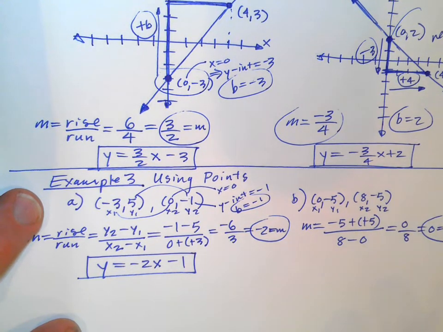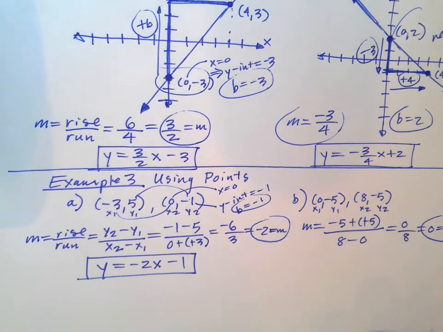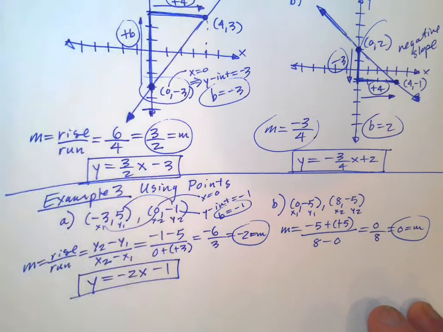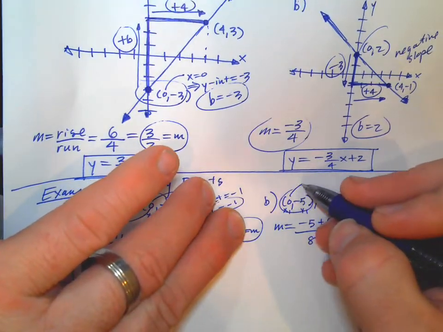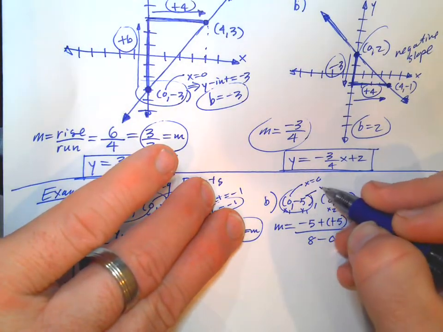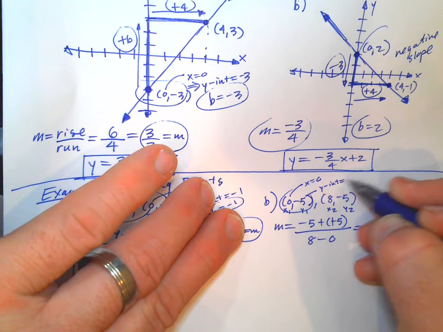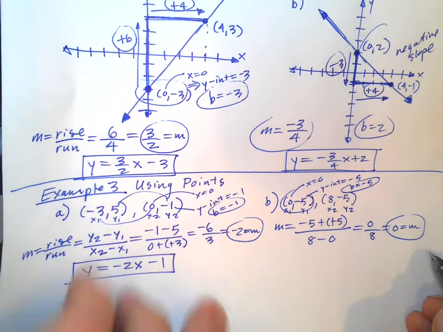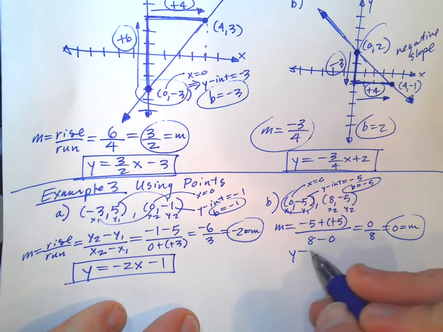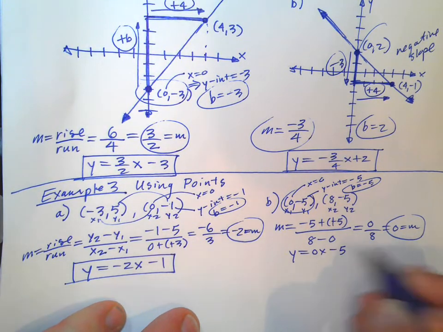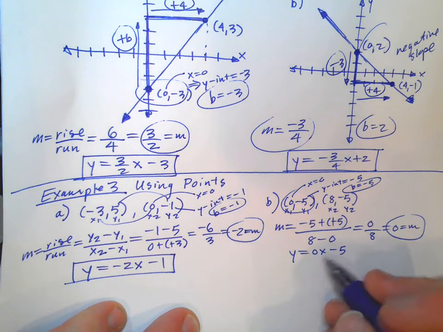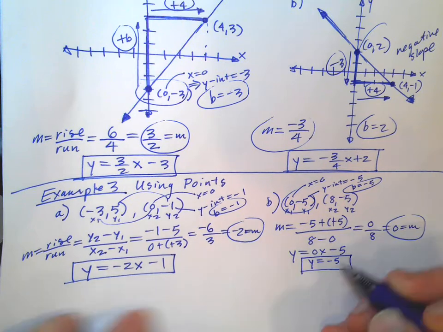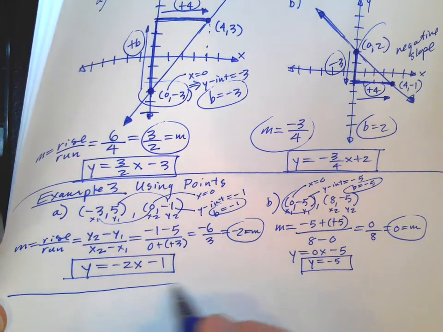So the slope is 0. And here's your y-intercept, because if x equals 0, this guy's your y-intercept. Your y-intercept is -5, your b value is -5. So the equation of your line is going to be y equals 0x minus 5, but we could simplify this because 0 times anything is 0, and we just get y equals -5 for our nicest final answer.